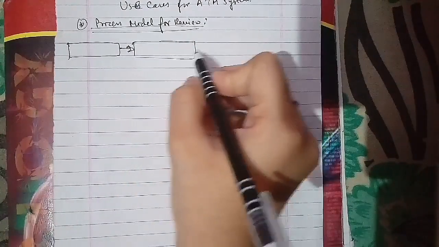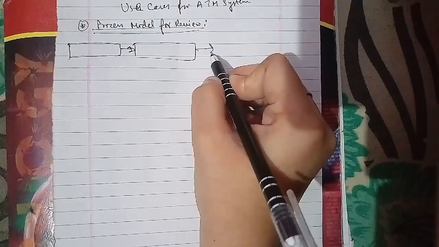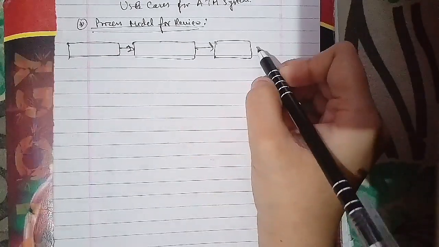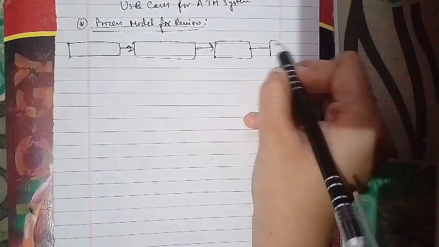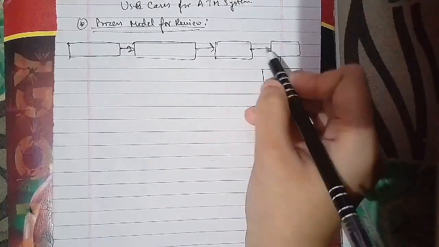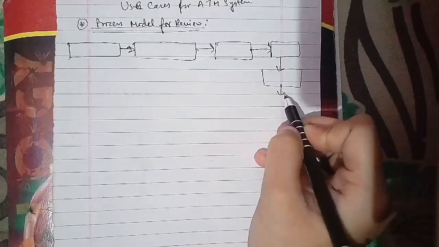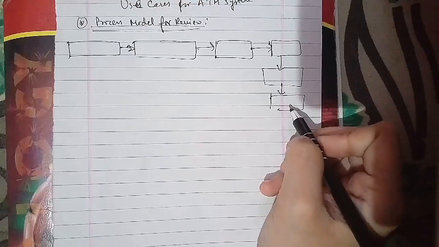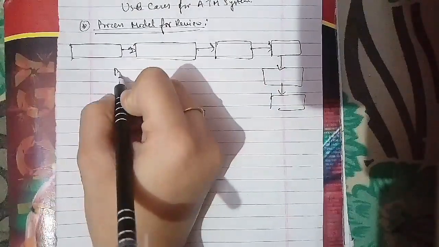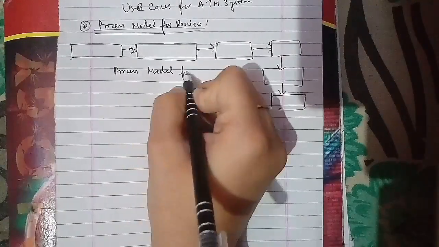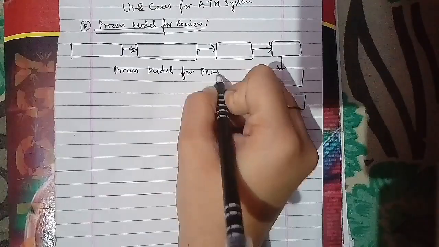In plan review, after that it goes towards distribute SRS document. Then it will go and prepare for review. Then it will arrange a review meeting.